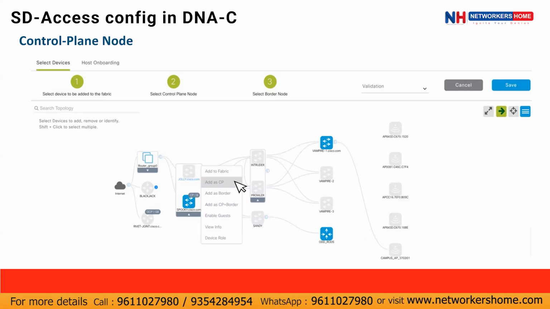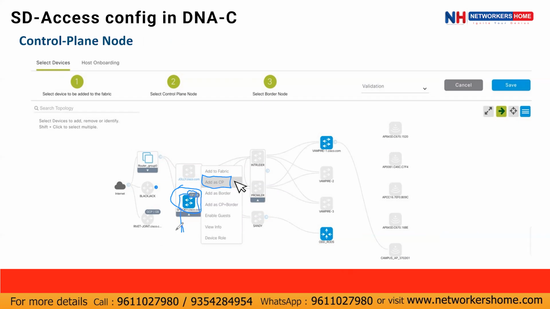So in DNA Center, this is how the fabric looks, and to assign the role you have to right click on this or just click on it and assign the role of control plane node. In the lab section we'll see later on how we can assign different roles. When it is assigned, you can see a small CP visible on the head of this blue fabric device.